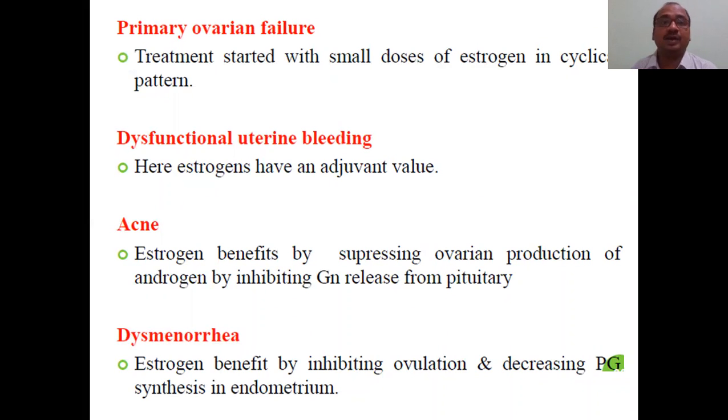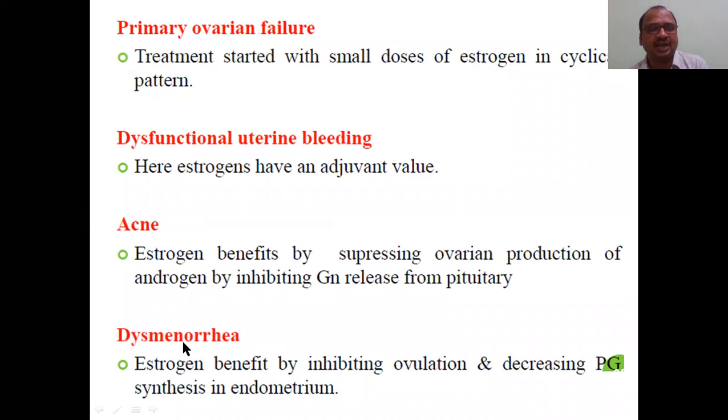Estrogen is prescribed especially in primary ovarian failure. When ovaries fail, you have to give estrogen. And dysfunctional uterine bleeding. We know that sex organs are developed with estrogen. When there is no proper sexual organ development, then you have to give estrogen. Acne, not agni.